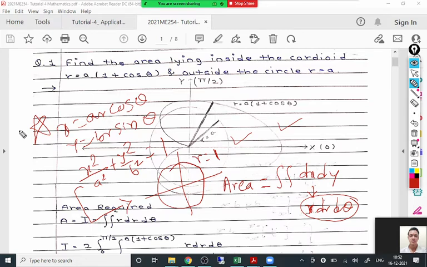Sir, like in Cartesian form we have 4 quadrants, so in polar form also do we have quadrants or something else? Actually, in polar form, yes, if you overlap these images together, you can say there are 4 quadrants. But generally, it is referred in polar form that the line theta equal to 0 is the initial line, and theta equal to pi by 2 is perpendicular to the initial line.